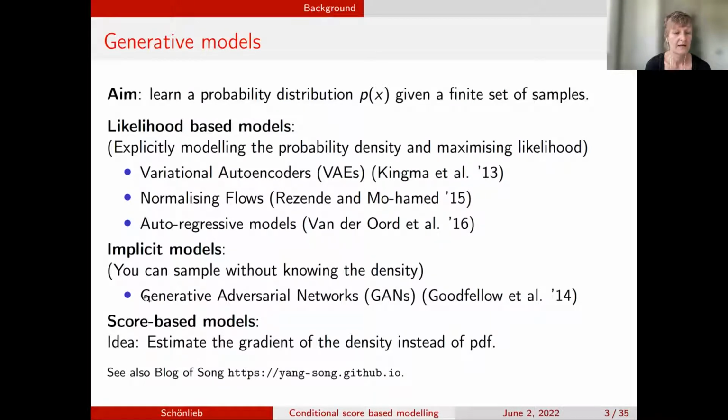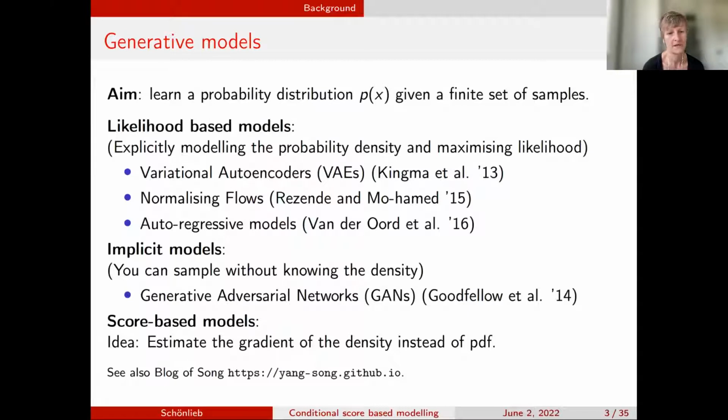And then another type of generative models are implicit models, which are not trying to approximate the probability density directly, but trying to sample from this density without knowing it explicitly. And an example of that are GANs that I'm sure many of you have seen.